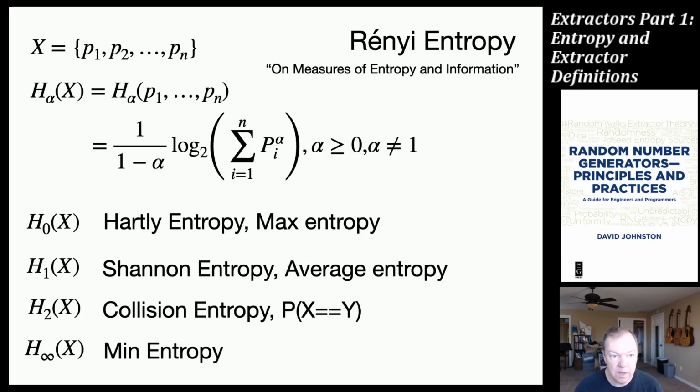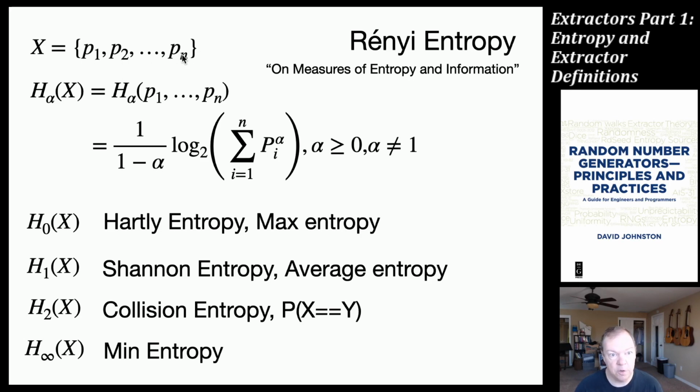So there's a paper by Alfred Rényi called On Measures of Entropy and Information. And in it, he defines a generalized measure of entropy over a probability mass function, or a probability distribution function, depending on how many p's you have in this. So X is a set of probabilities.